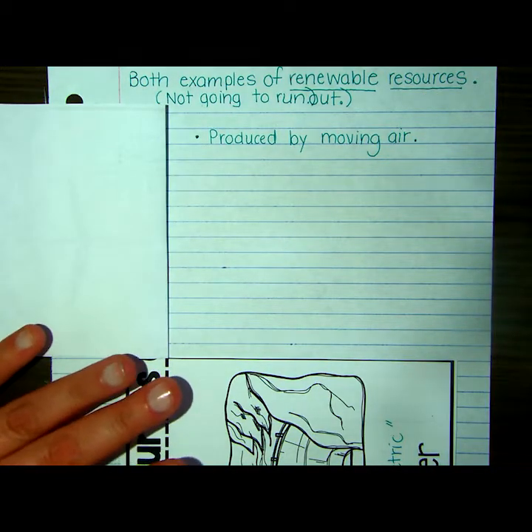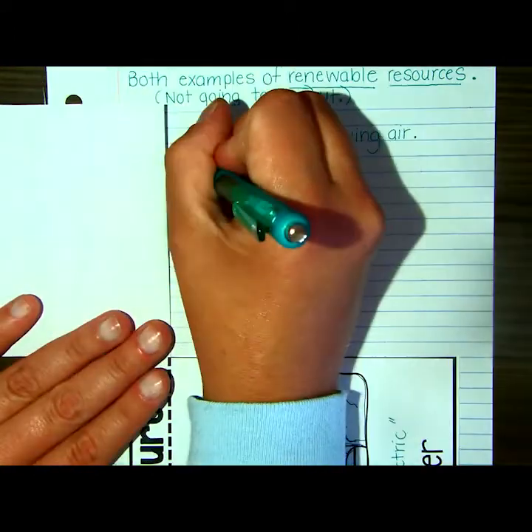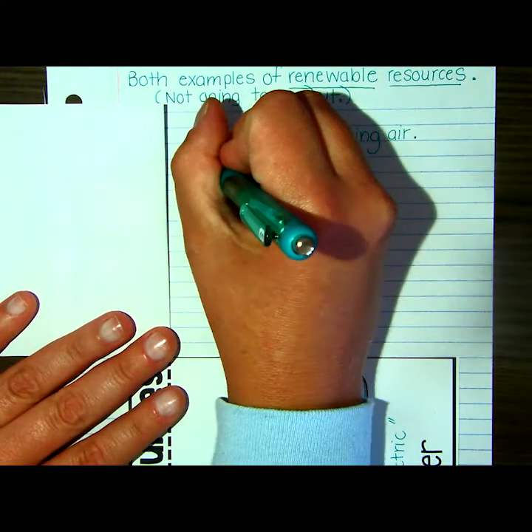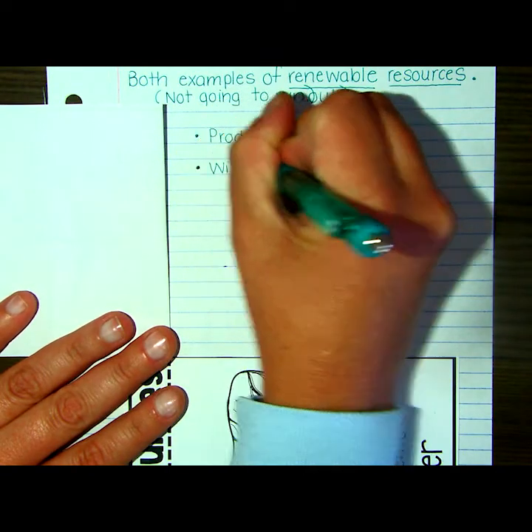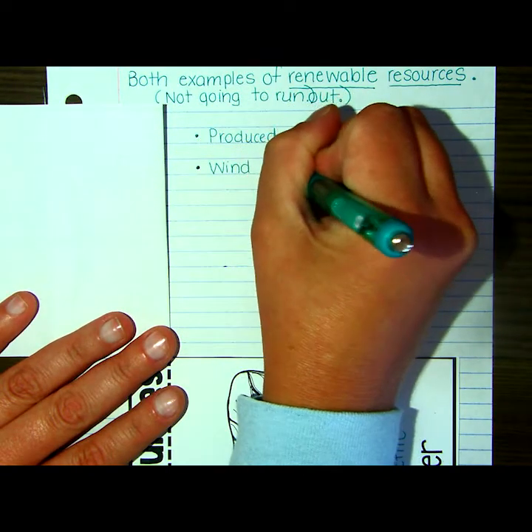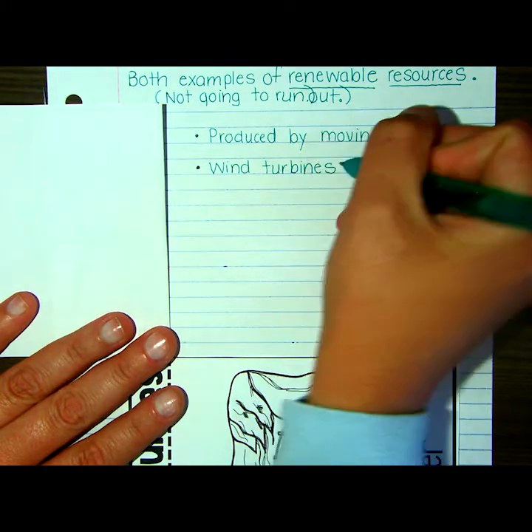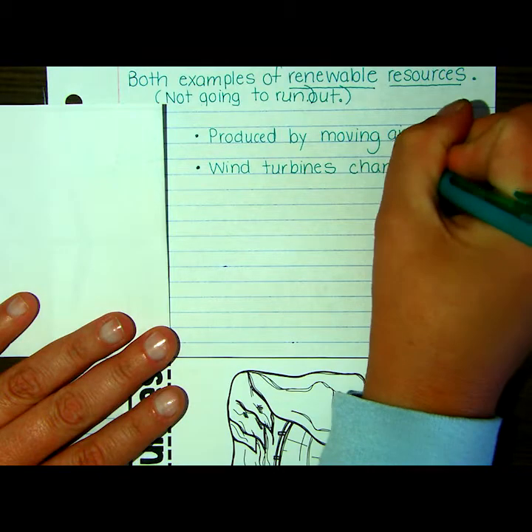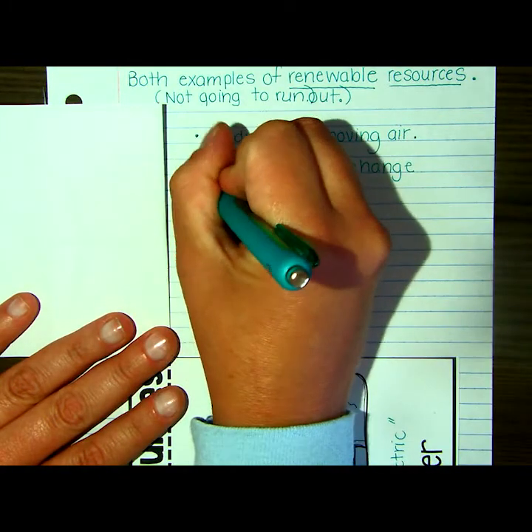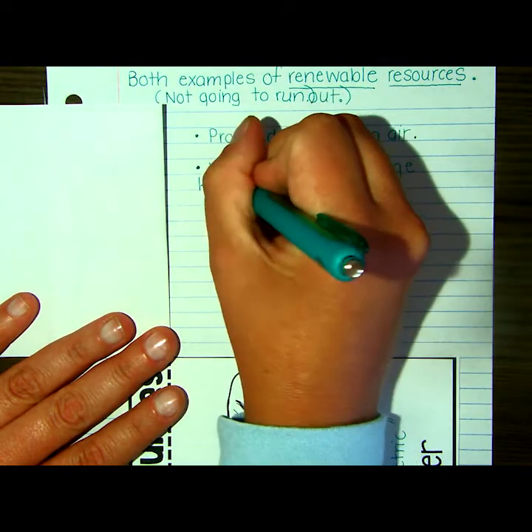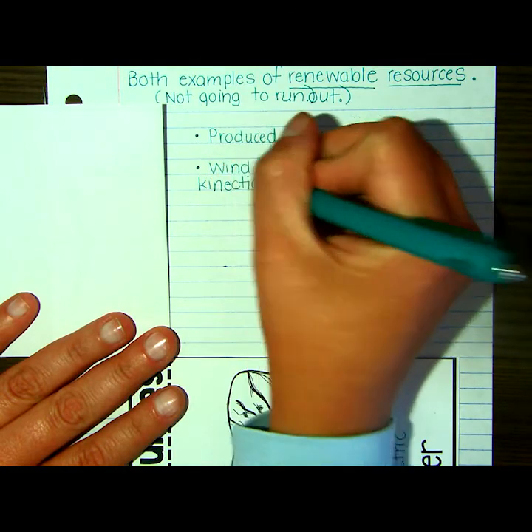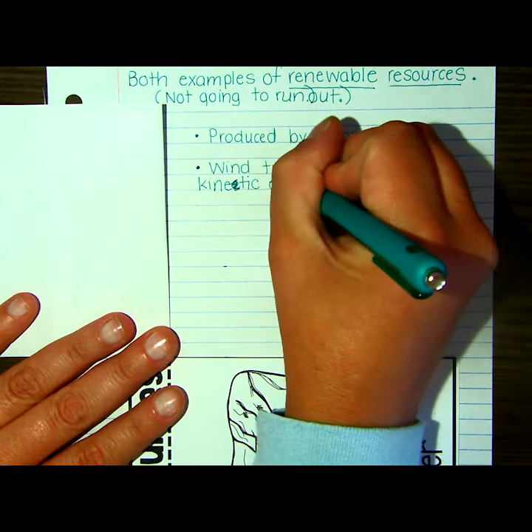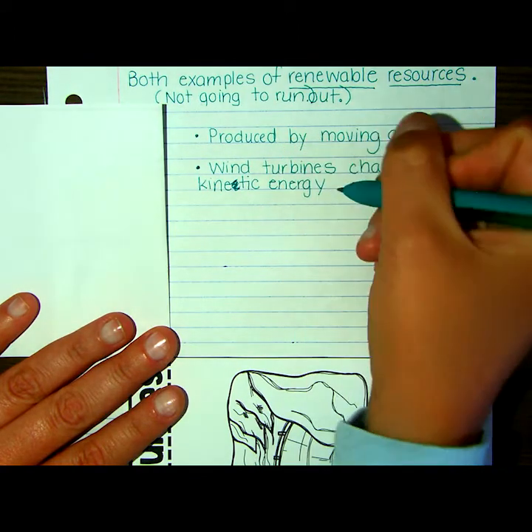We know that this first example here on the picture is a wind turbine, and in the text we learned that wind turbines change kinetic energy, so that movement, kinetic energy, to electrical energy.